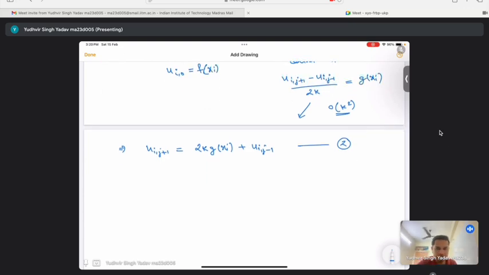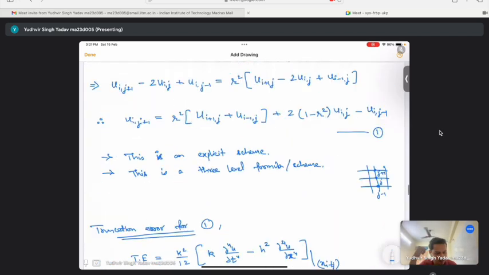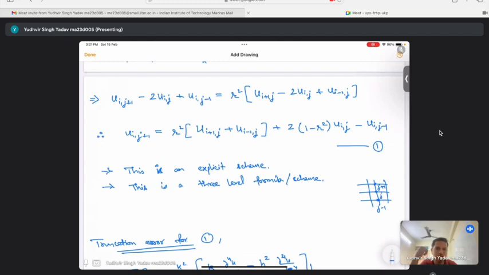So when will it be beneficial? Suppose you have to fix j equals to 0. Then it will give u i,1 equals 2k g xi plus u i,minus 1. So whenever we are solving the difference scheme 1 and fix j equals to 0, we do not have the negative time step.